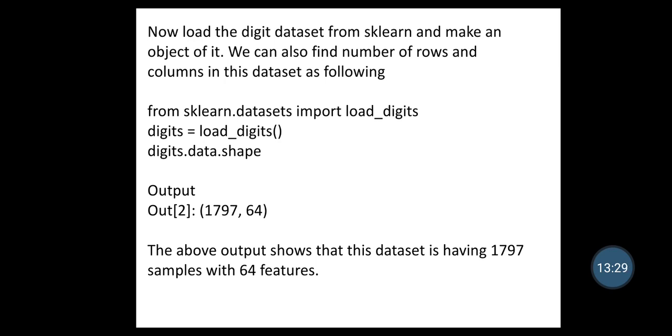We can also find the number of rows and columns in the dataset as follows. So I am writing here the code from sklearn.datasets import load_digits, which imports the dataset as load_digits. I define a variable digits equal to the load_digits method, and then digits.data.shape is used, and our output shows the number of values used in the load_digits dataset. After executing, you can see the output: 1797 by 64, which are the samples and the features stored in our load_digits dataset.